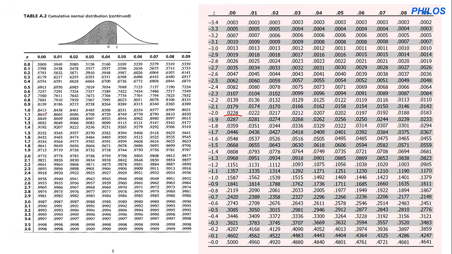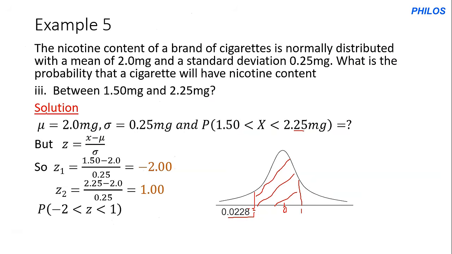Remember, this is a positive z-score on a positive z table, so it also means area to the left. So the area to the left of +1 is 0.8413. Since we know the area to the left for the two of them, we find the difference. So difference means the bigger one minus the smaller one. So 0.8413 minus 0.0228. That will give us 0.8185. So the correct answer for Roman number 3 is 0.8185.